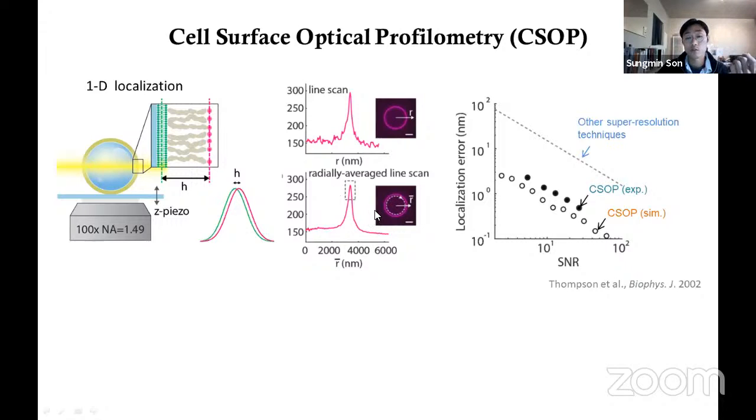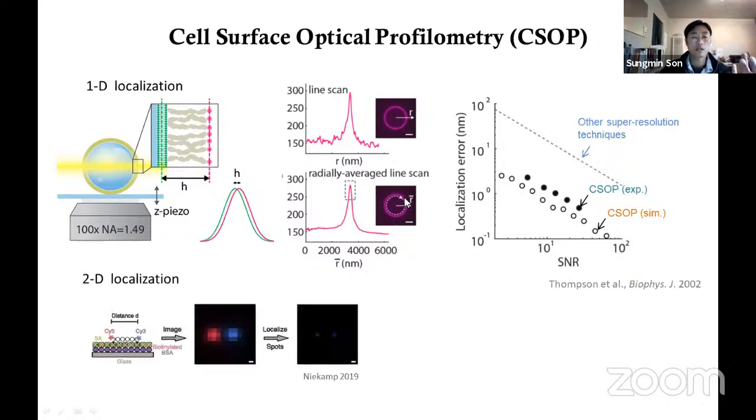And just like other super-res techniques, this resolution is limited by how many photons we can collect. And so as we collect more and more photons, it looks like the resolution of these techniques can approach even below nanometers. So again, the difference is that the number of photons we can collect is not only limited by this one-line scan, but by how many fluorophores are reporting the same location, which is just the simple dimension of R.